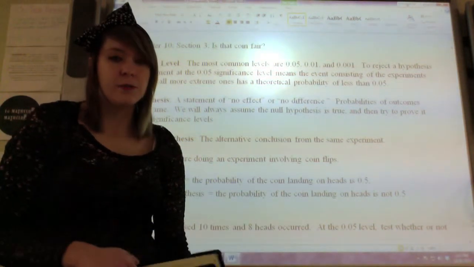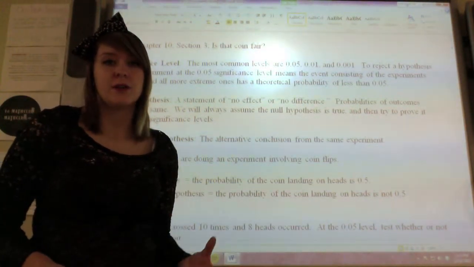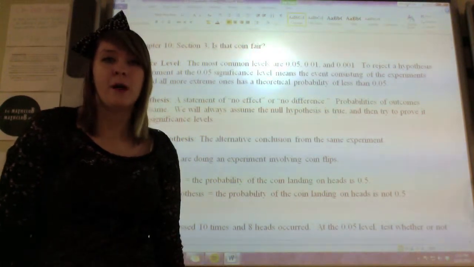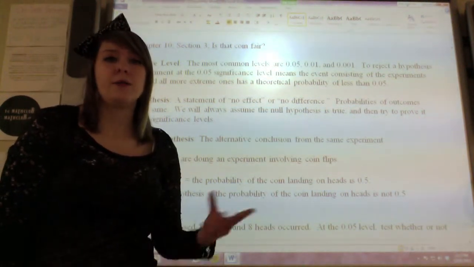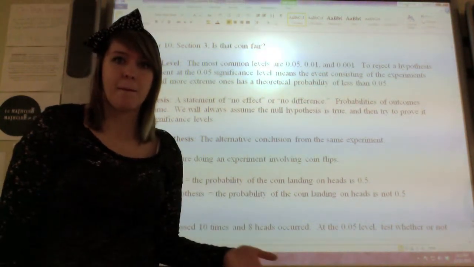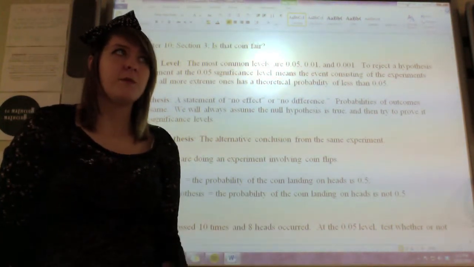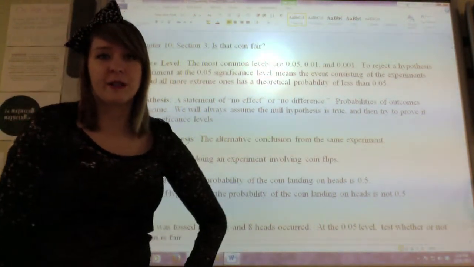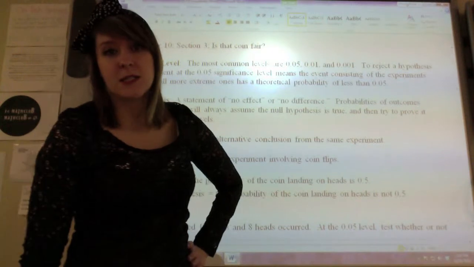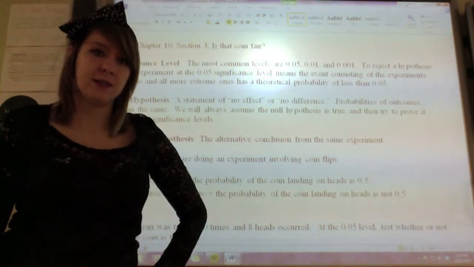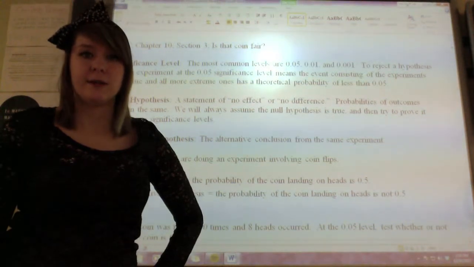Okay, so generally before we start doing hypothesis testing, which is what this section is all about, we like to think about how serious this situation is. So they made the comparison of putting someone on death row. Well, that's a pretty big deal. So they would want a very, very small significance level because they want as little error as possible.